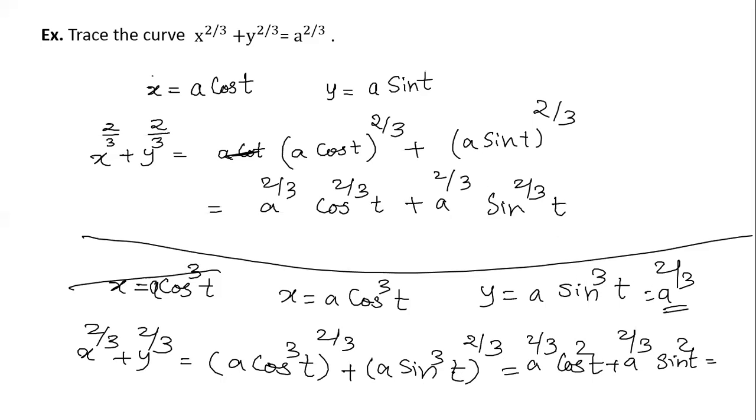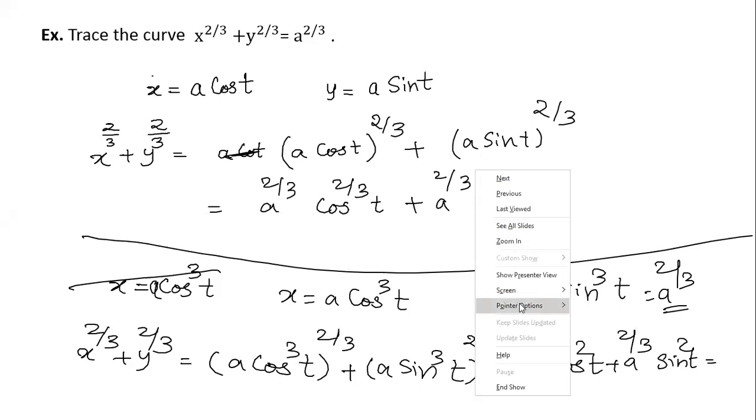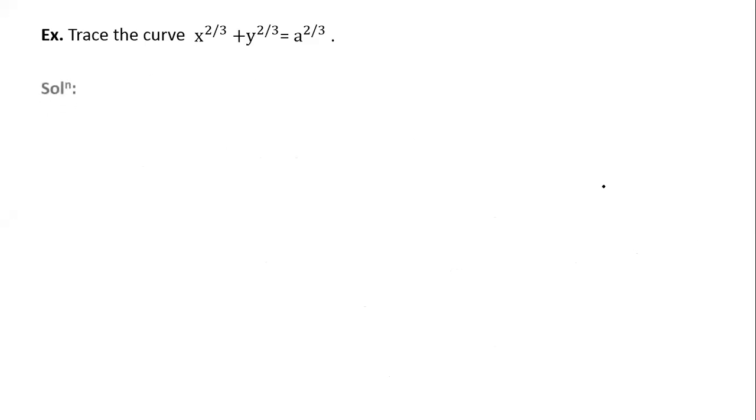So absolutely perfect. Here our substitution has to be x equal to a cos cube t and y is equal to a sin cube t. Yes, absolutely. And thus let us go toward the solution. X equal to a cos cube t and y is equal to a sin cube t. Now the next thing.